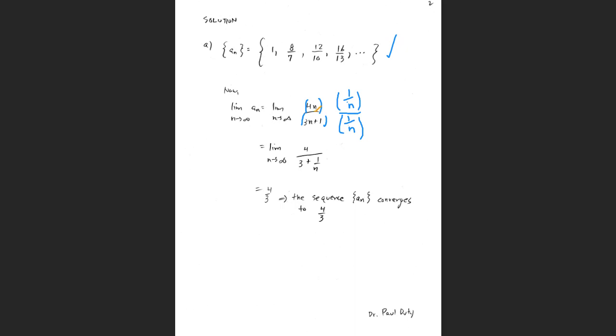Sure. And what's going to happen is the n's here are going to simplify out, and you're distributing 1 over n to both of these terms. If I put in an extra step here, this is going to equal the limit as n approaches infinity of 4 over 3 times n over n plus 1 over n.